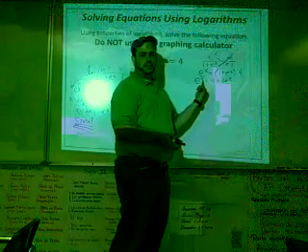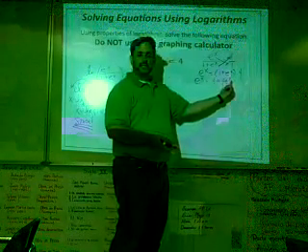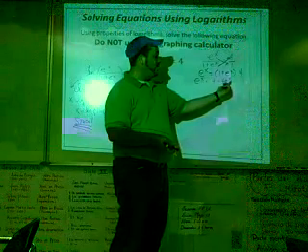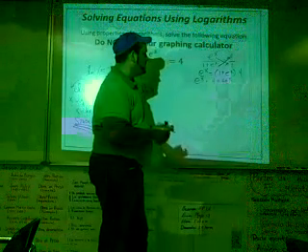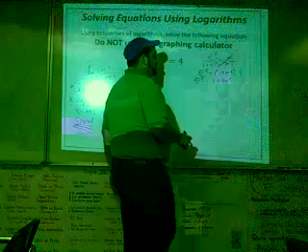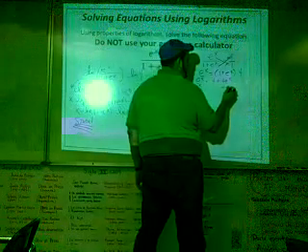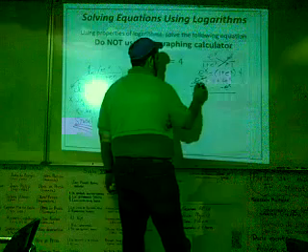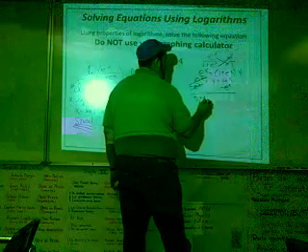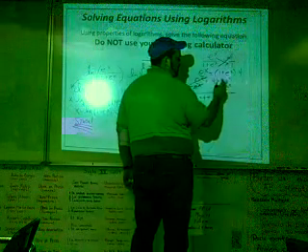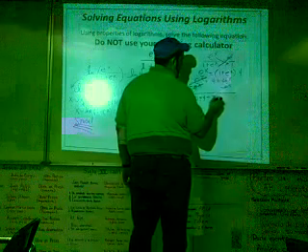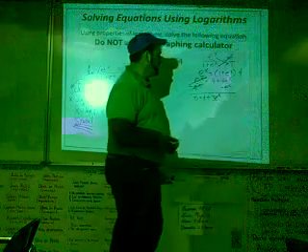Now I have an x in the exponent over here, an x in the exponent over here. What I can actually do, and this is going to be super helpful, is I can subtract e^x from both sides. They are like terms. I'll have 0 equals 4 plus 4e^x minus e^x, which is 3e^x.